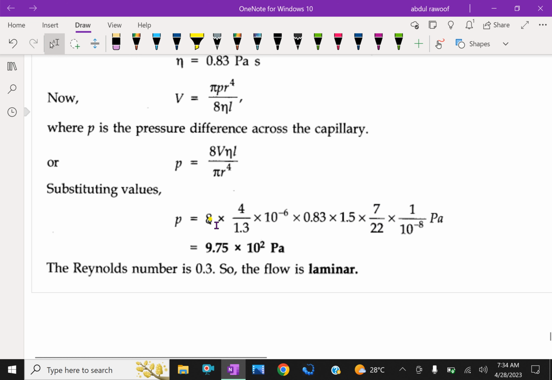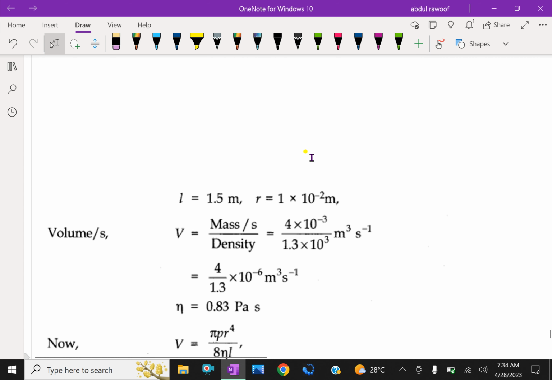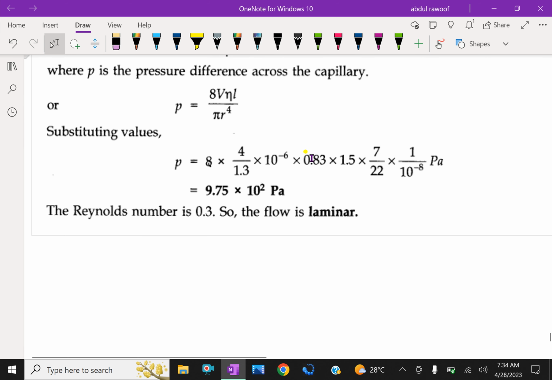By calculation we get 9.75 into 10 raised to 2 Pascal. This much pressure is available in the flow of glycerin in the tube.